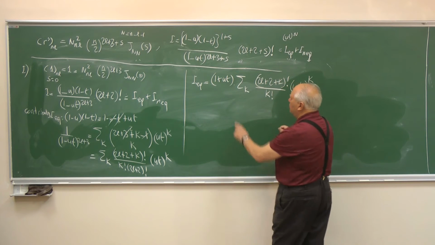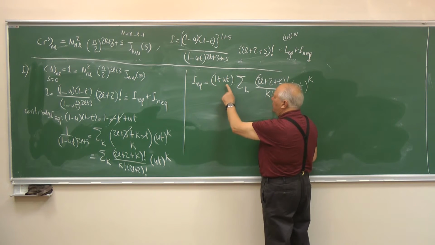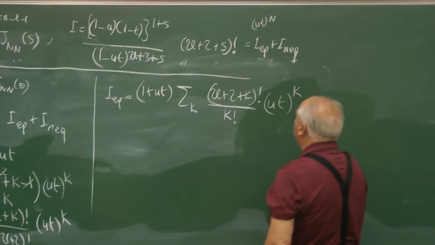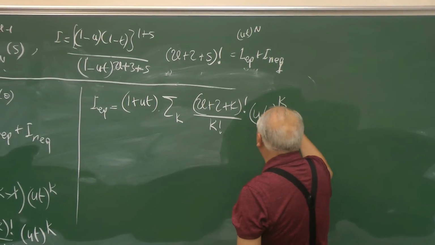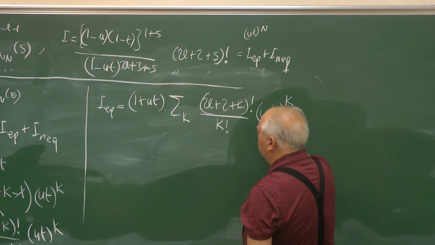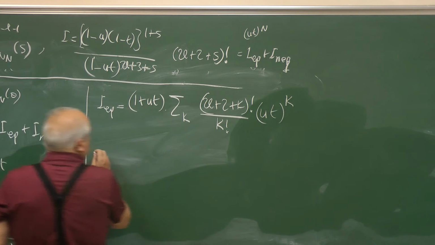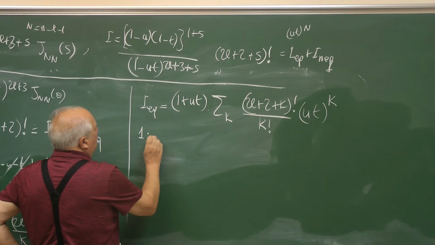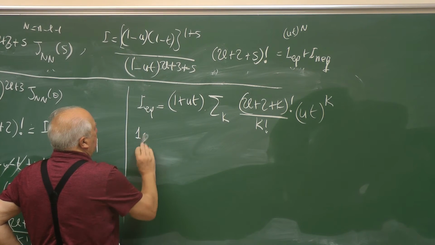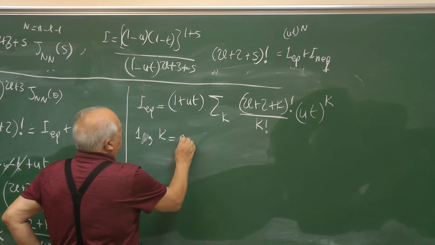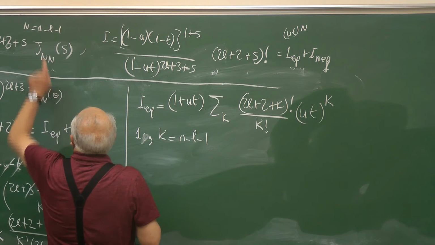Now there are two terms here, no UT term and UT to the first power. So to get to (UT) to the n, we need two terms from here. Let's see which one goes with which one. One goes with K equals n minus L minus 1.